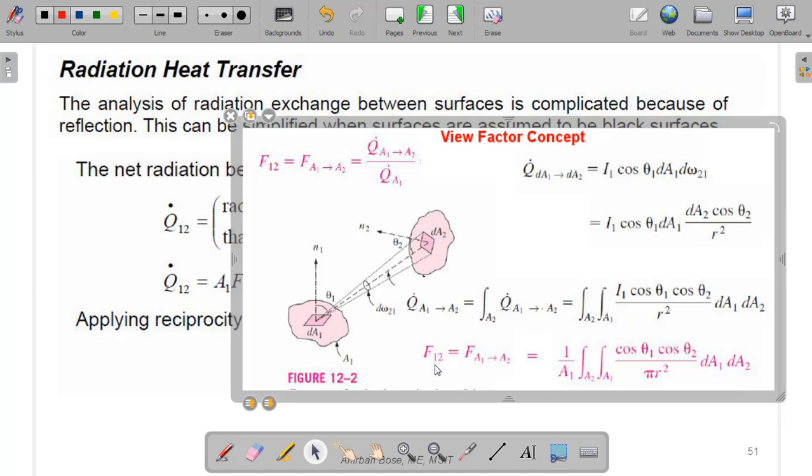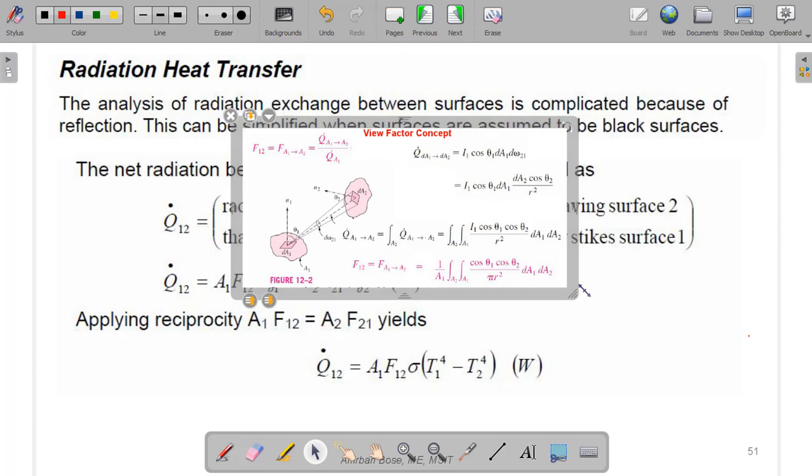The definition of view factor we have also seen, that is 1 by A1 into this particular quantity. So now how can we express this rate of heat transfer from 1 to 2 in terms of view factors, that we'll see.